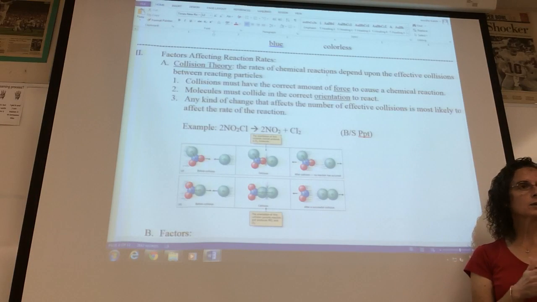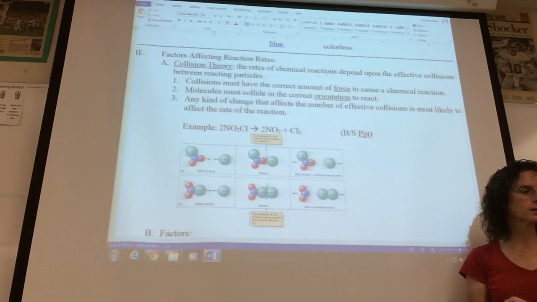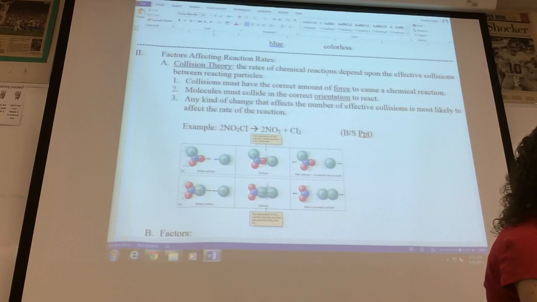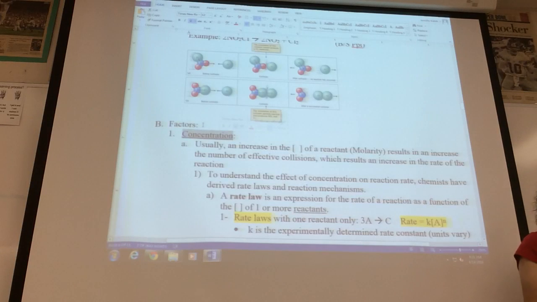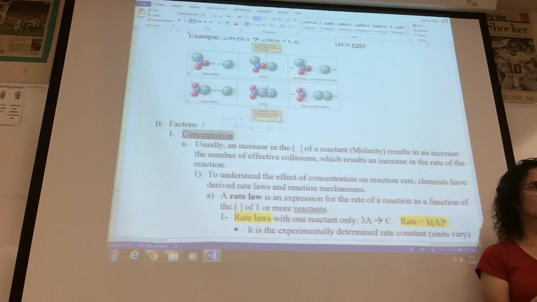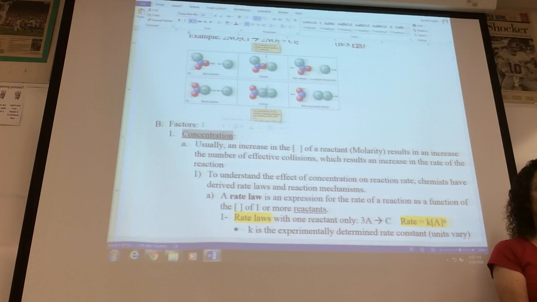So a successful collision is one in which you have enough force between the particles and they're oriented properly. So the first factor that we're going to look at is concentration. And whenever you're explaining why the concentration would likely increase the reaction rate, you always explain it through the collision theory. As you increase the concentration, the likelihood of effective collisions would increase, increasing the reaction rate.